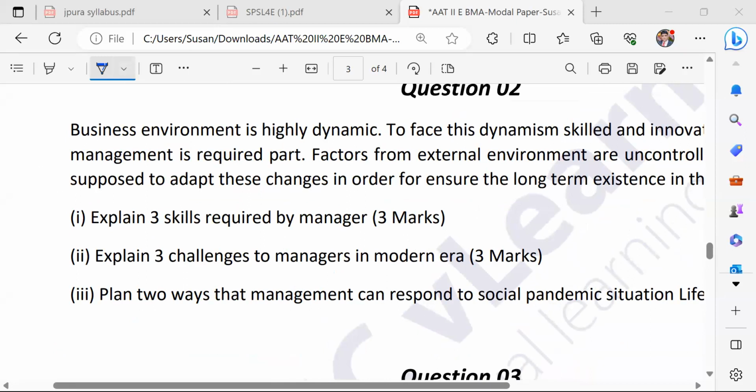Mainly we can say the main challenge to managers is globalization. One is globalization.